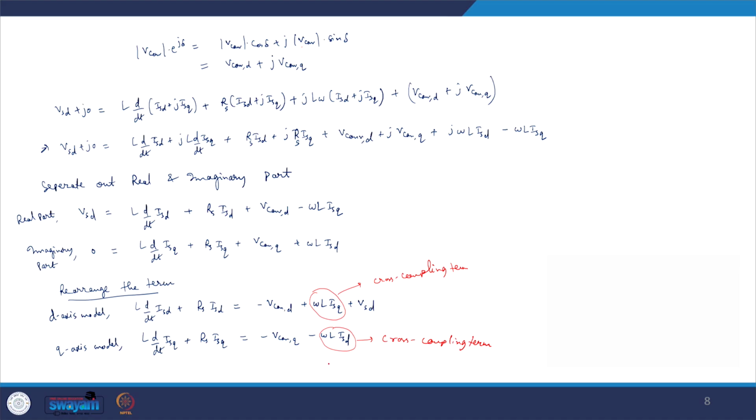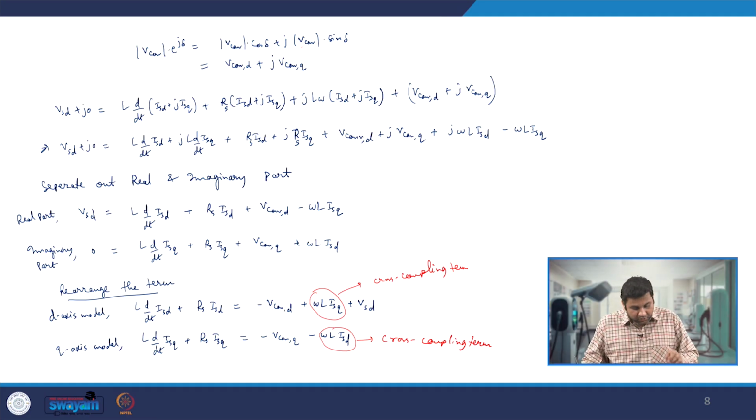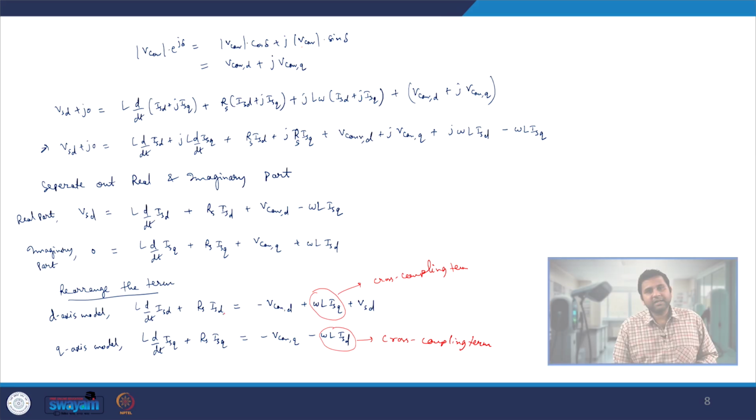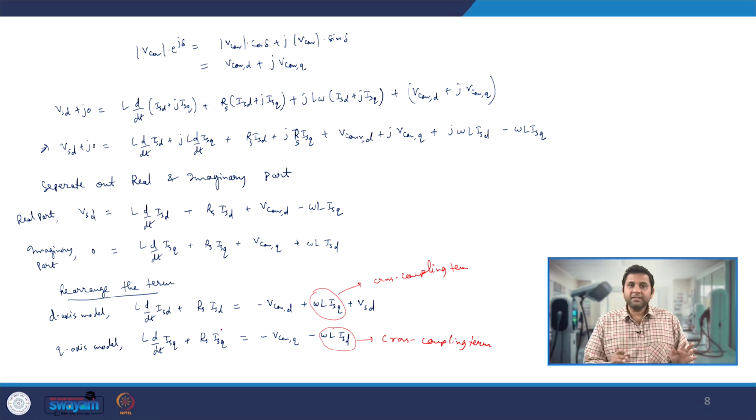So what we see is that we have defined the two axis model, and now in this one, if we are changing this ISD, there is no impact we will see on the ISQ, and if we are changing the ISQ, there is no impact on the ISD, because these ISD and ISQ components are 90-degree apart from each other. These are components of the current space vector along the D axis and Q axis, and D and Q axes are 90-degree apart from each other.